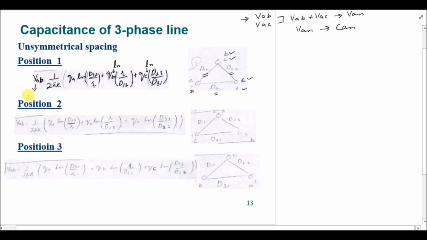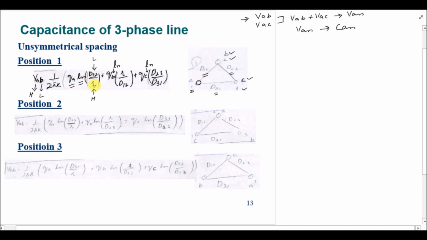Now A is the high potential point, B is the low potential point. In the natural logarithmic term, the numerator is the low potential point distance and the denominator is the high potential point distance. So when we are looking at charge QA, the high potential point is at distance r, because A itself is the high potential conductor, so it will be r in the denominator, and the low potential point is at conductor B, so the distance from A to B is D12.